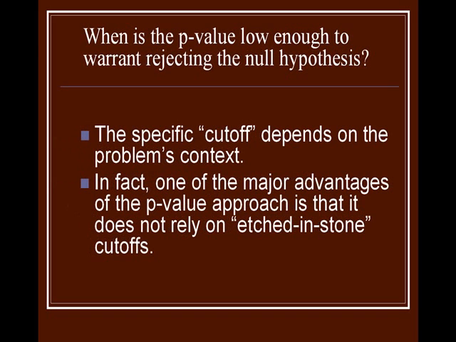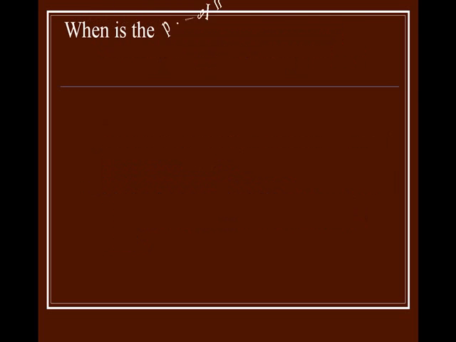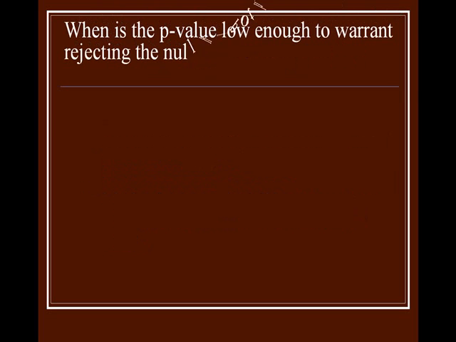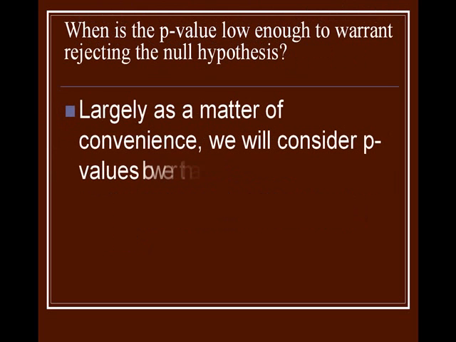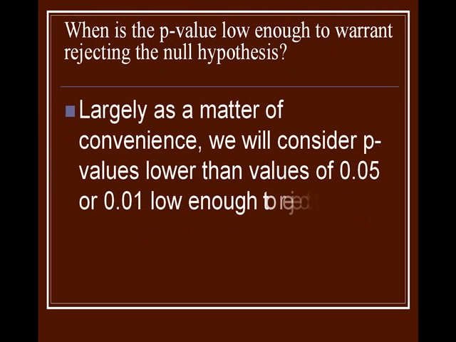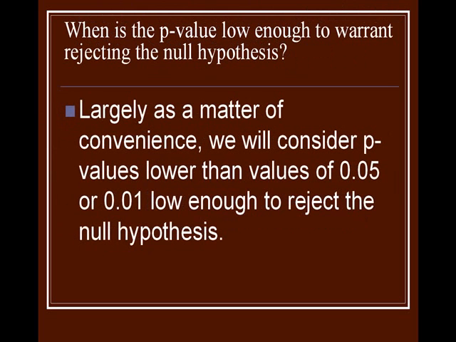And one of the major advantages, as opposed to the critical value approach we'll talk about in another slide, is that we do not rely solely on some kind of etched-in-stone cutoff. Okay, we're going to apply those cutoffs here anyway, mainly as a matter of convenience and from a learning standpoint.